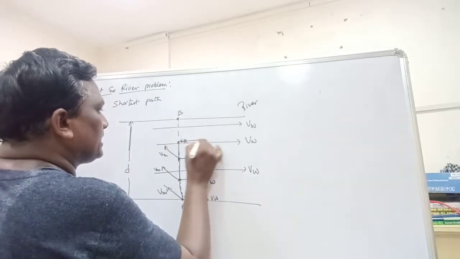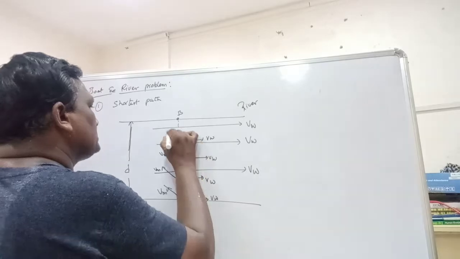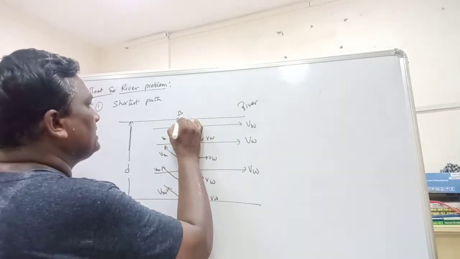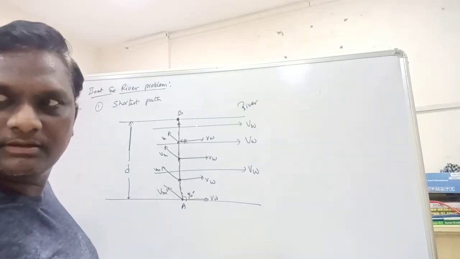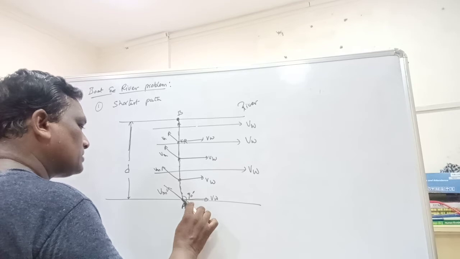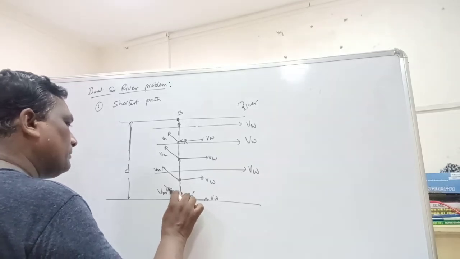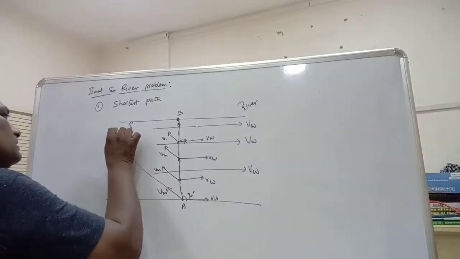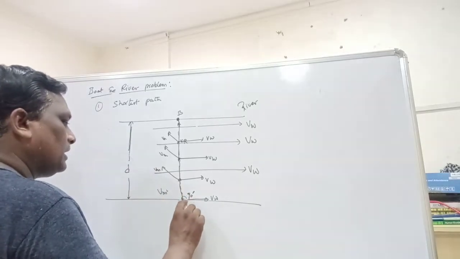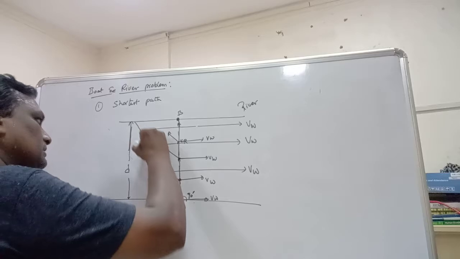Here, this is the water velocity, this is the man velocity and this is the resultant velocity. Like that, he can reach the exact opposite bank. Can you understand? So he has to swim in the upstream direction to reach the opposite bank.